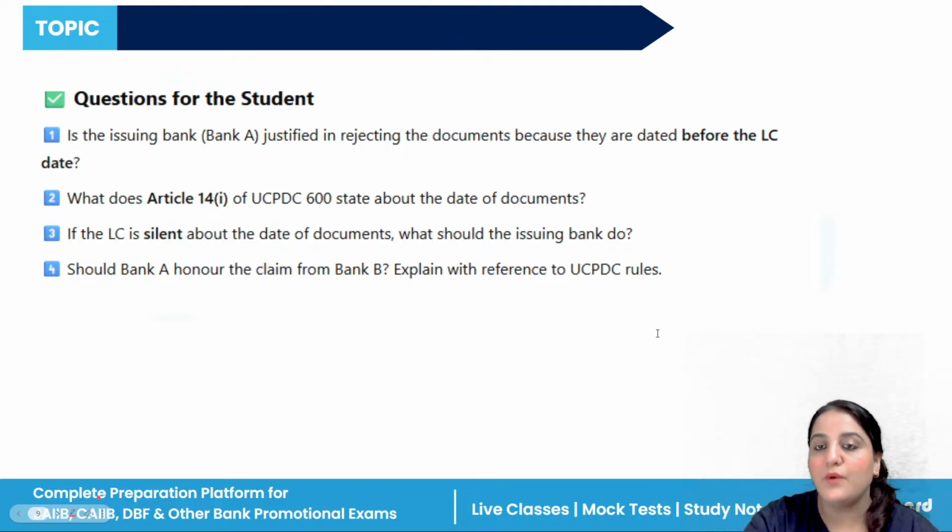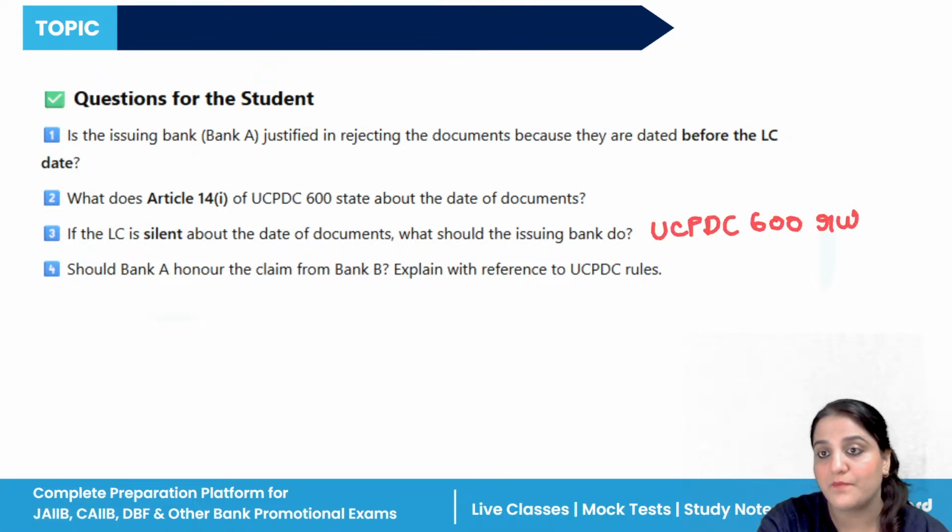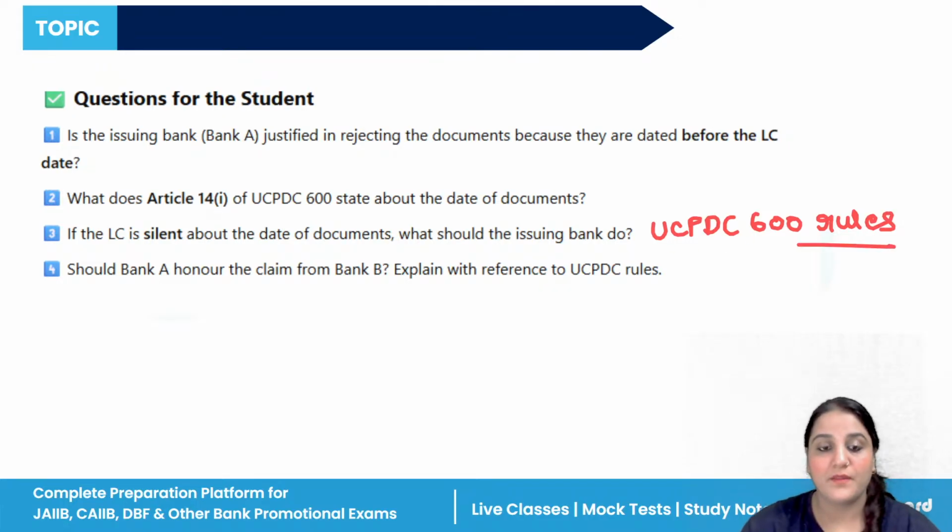So the third question is saying this: the LC is silent about the document dates. If the LC does not specify any type of restrictions on the document dates, the bank has to follow the UCPDC 600 rules, right?